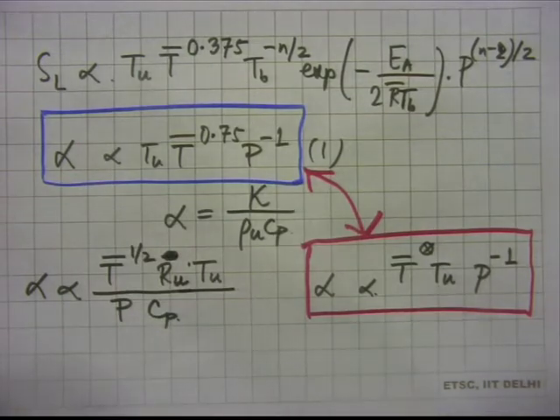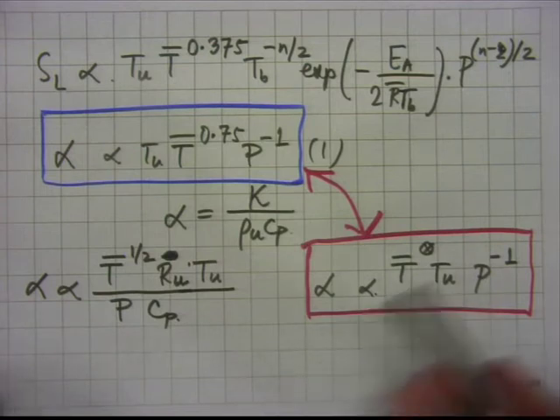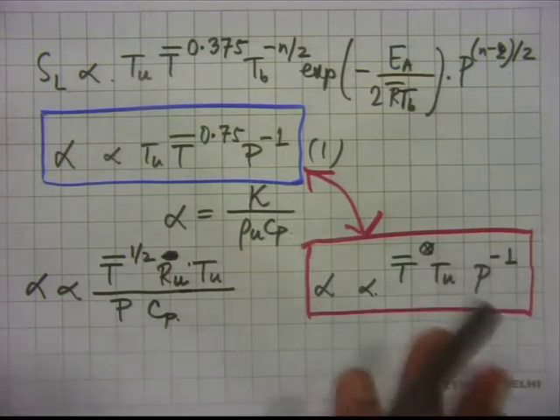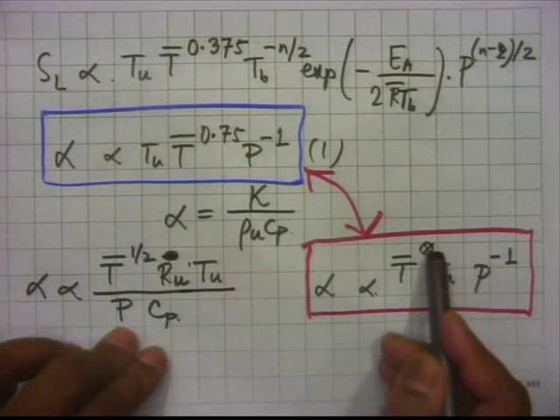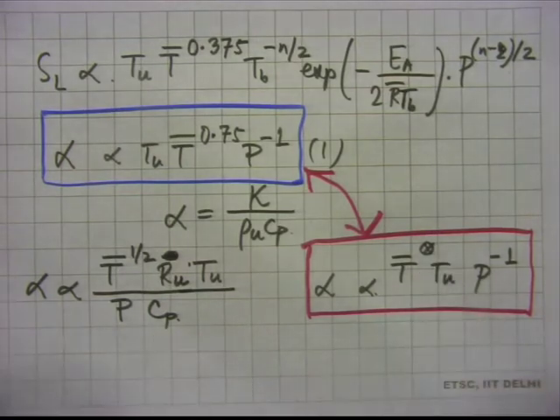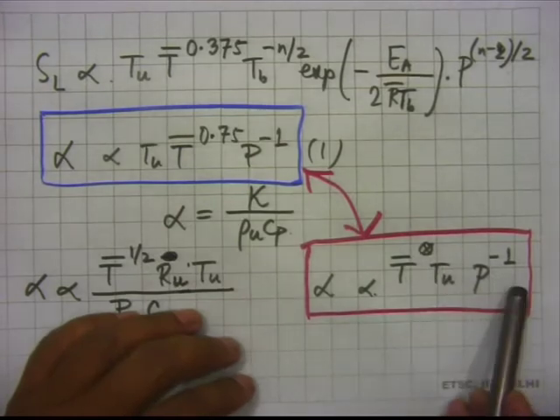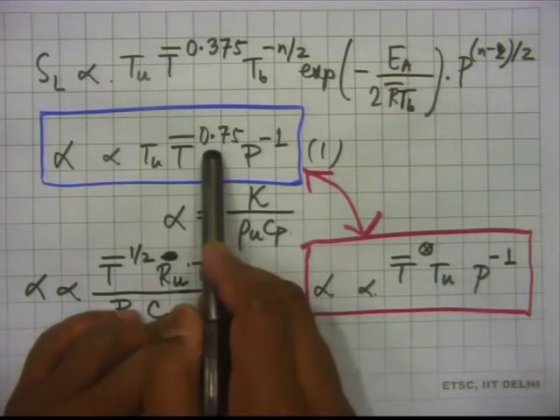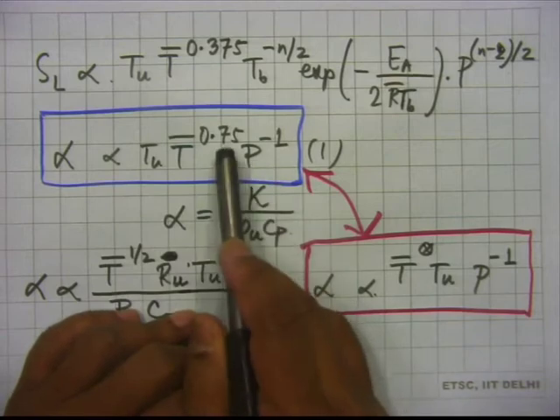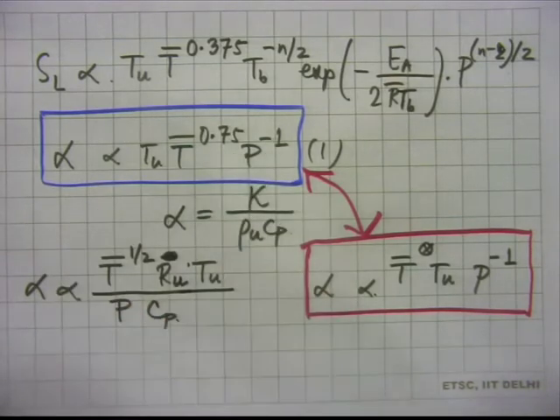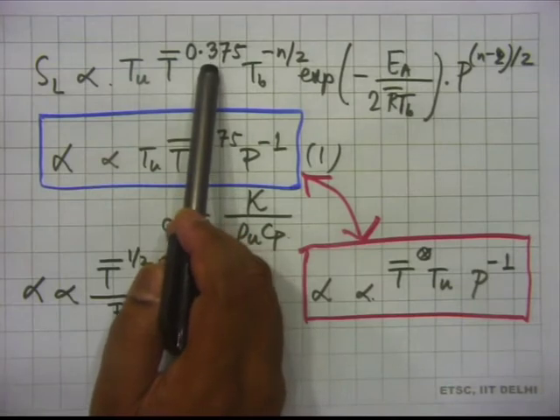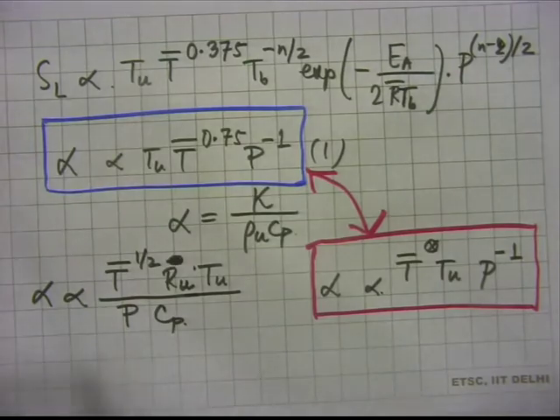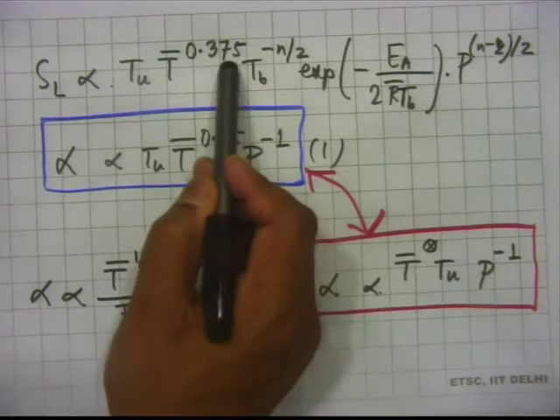So what is that power going to be? There is no easy way of writing it, but this is some positive number, most likely. We'll use 0.75 because this is what the book uses, and that 0.75 has in fact given this 0.375. Somewhere there was a root, because SL has a root, so that's why this 0.75 became 0.375.